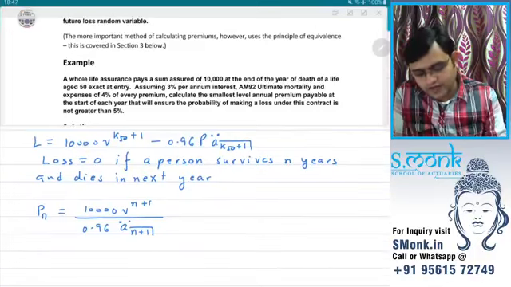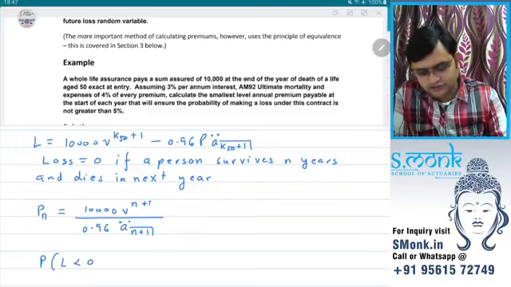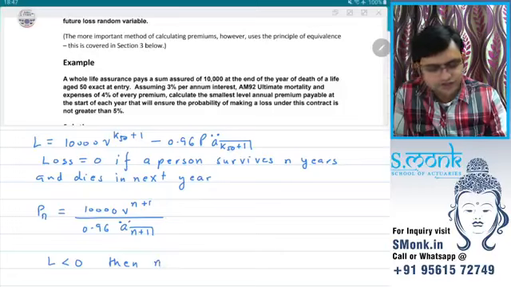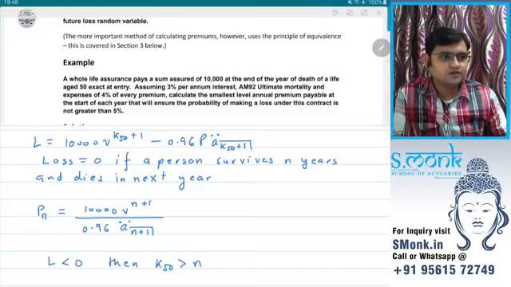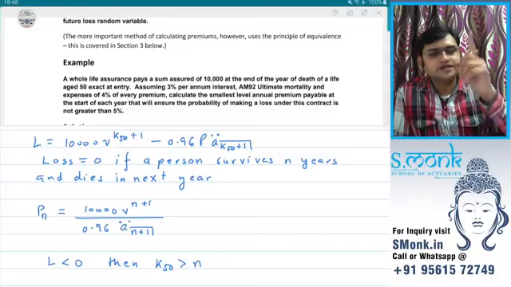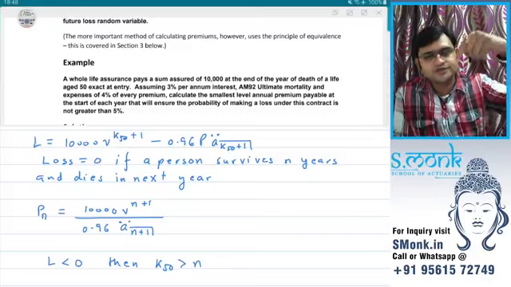Now if we want the probability that our loss must be less than 0, when we take loss equal to 0, then K50 has to be greater than the n value here. As n increases, we get more and more premium, and loss is becoming smaller and smaller.